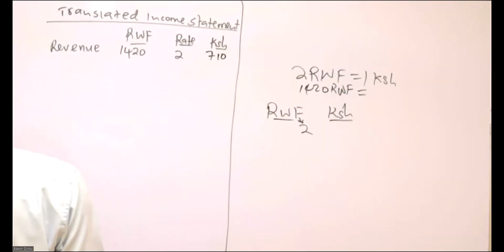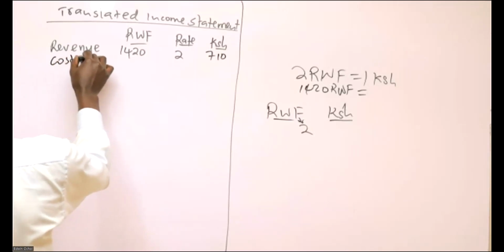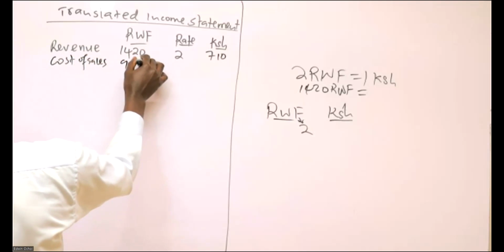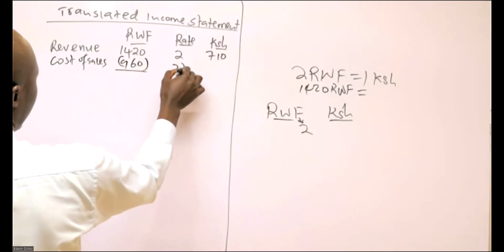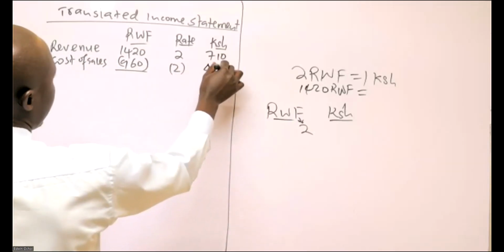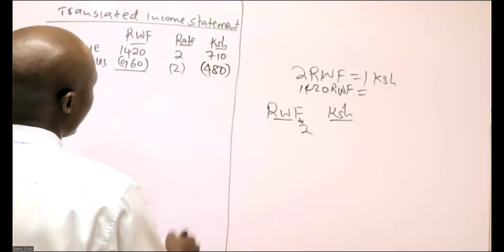Give me the answers. Cost of sales is 960. If you divide by 2, remember that income statement items, the incomes and expenses, use the average.